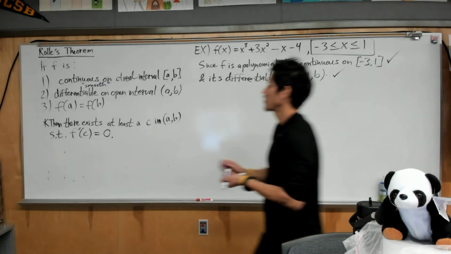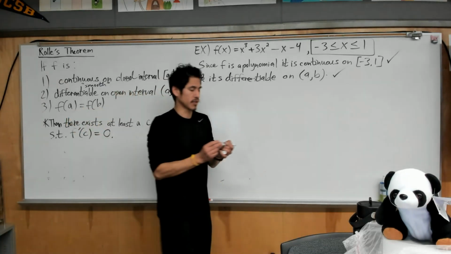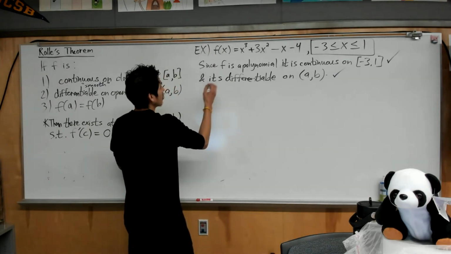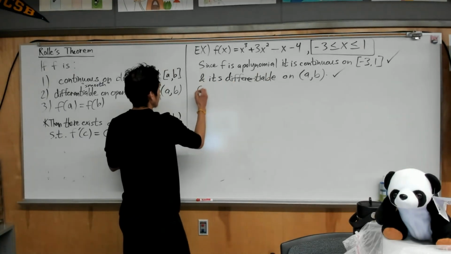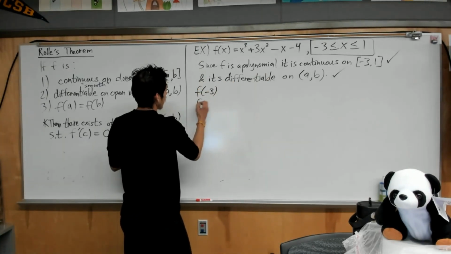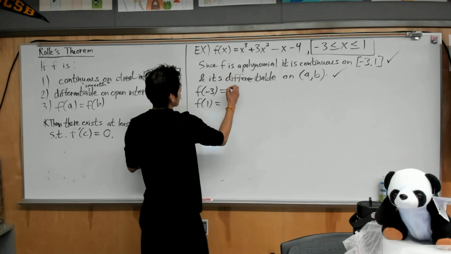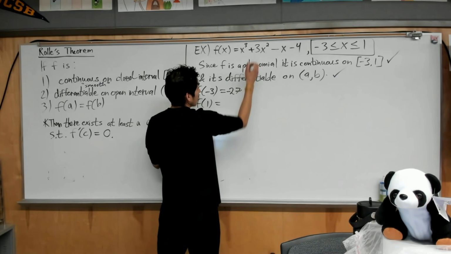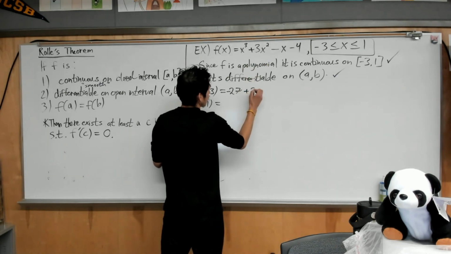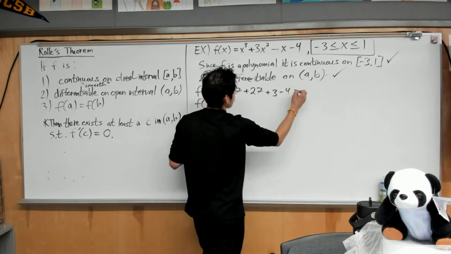Now, third condition, let's check to see that the y values at the endpoints are equal to each other. So we're going to see what f of -3 and f of 1 are equal to. F of -3, plugging this in, -27 plus 27, minus 3, minus 4, so what is that, -1.